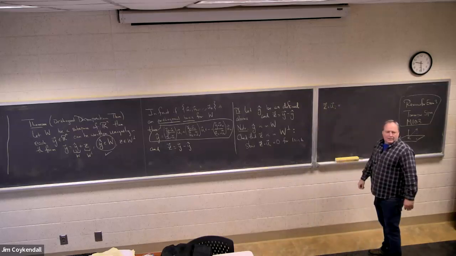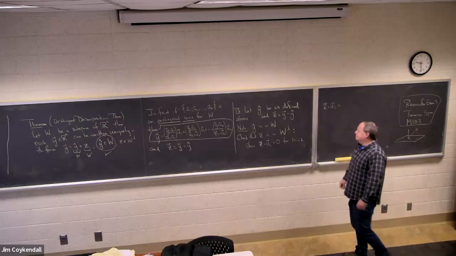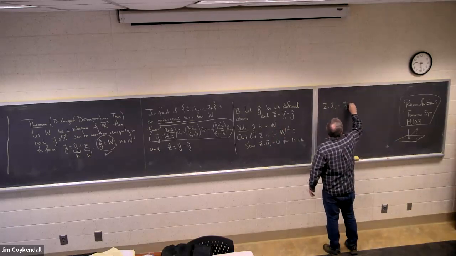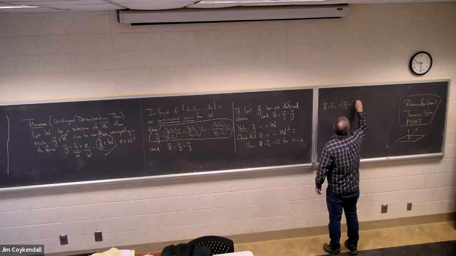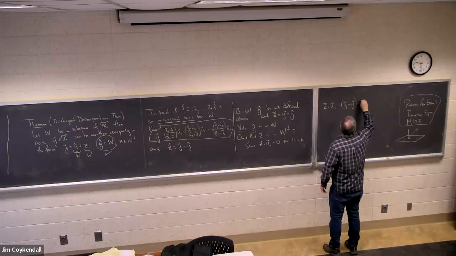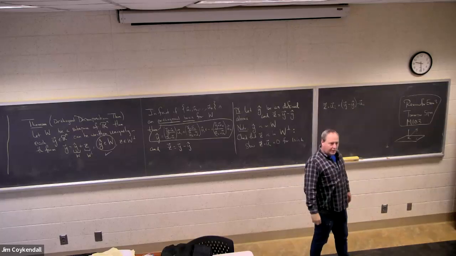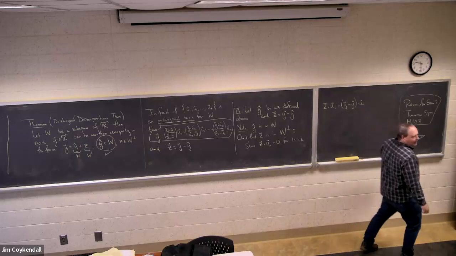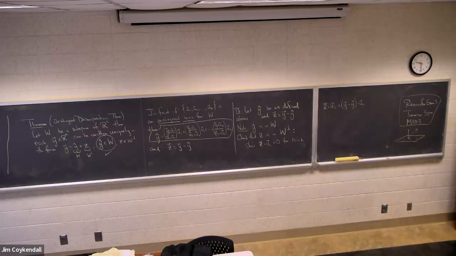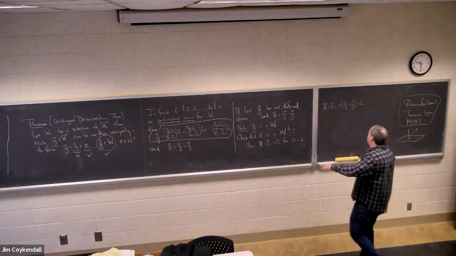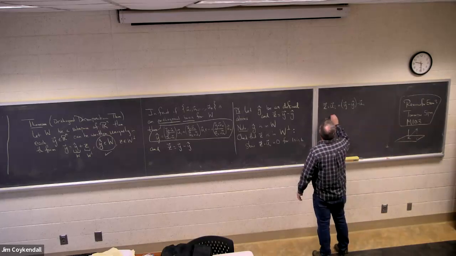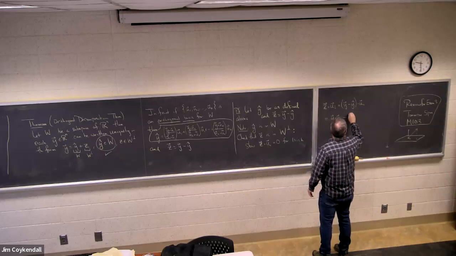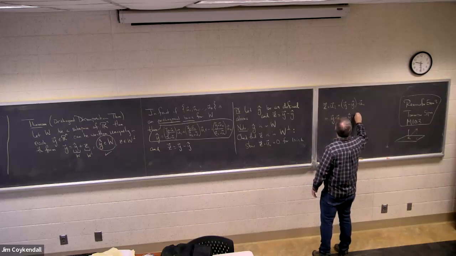What's z dot ui? Well, z is this thing. Agreed? And what can I do with this? What's true about the dot product? Yeah, I can distribute out. Good. y dot ui minus y hat dot ui.